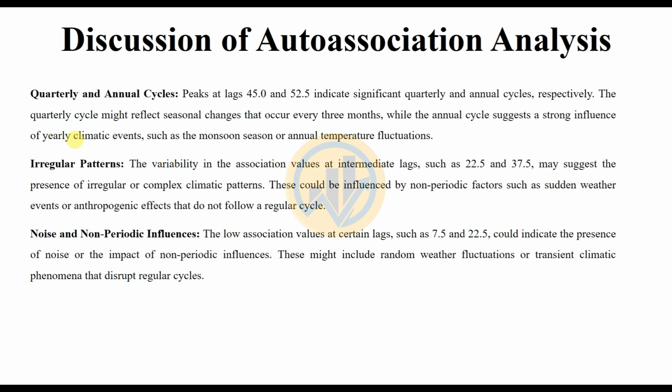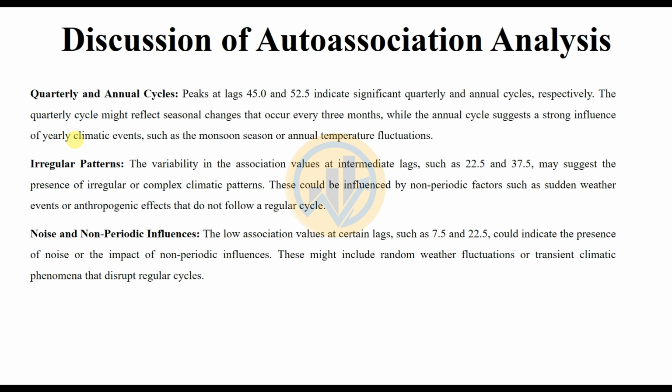Irregular patterns: the variability in the association values at intermediate lags such as 22.5 and 37.5 may suggest the presence of irregular or complex climatic patterns. These may be influenced by non-periodic factors such as sudden weather events or anthropogenic effects that do not follow a regular cycle.